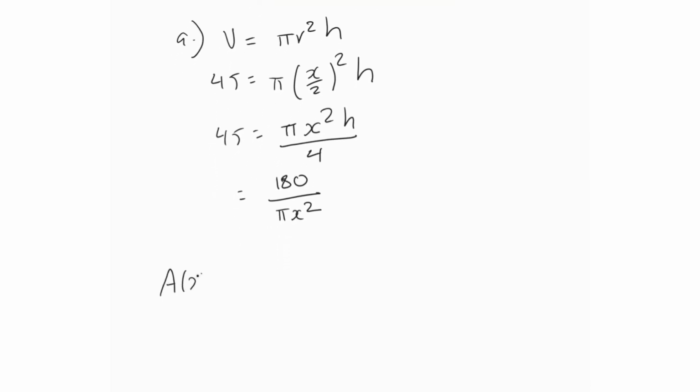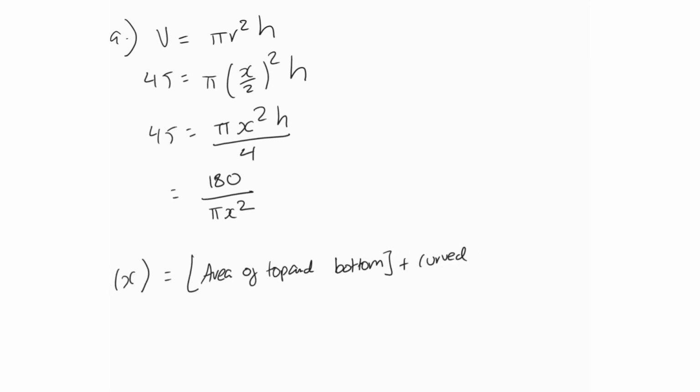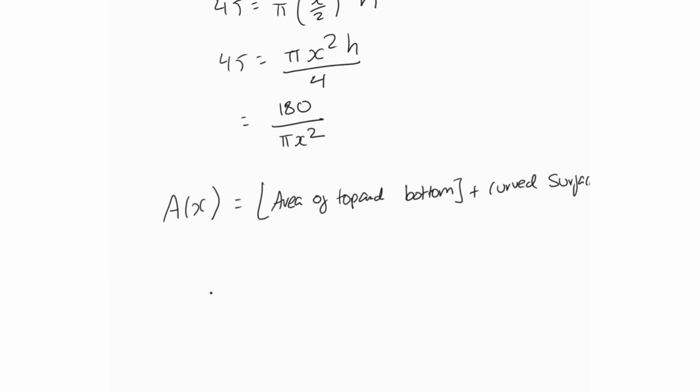And so you can say it as a function almost. You could call this A of x, which will be equal to the area of top and bottom plus the curved surface area. So in this case it will be 2 pi r squared plus 2 pi r h.